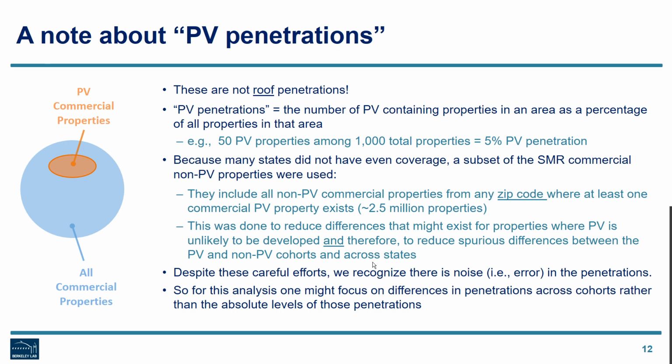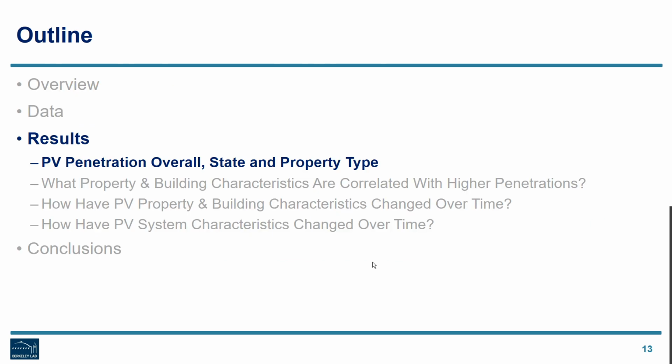So this gave us relatively apples to apples and a little bit more trustworthy levels of PV penetration than otherwise would be the case. We recognize that this is a choice we made. There are some caveats in doing so, but we hope nonetheless this will be illustrative of differences across these various cohorts. So with that preamble, I can talk now about the results.